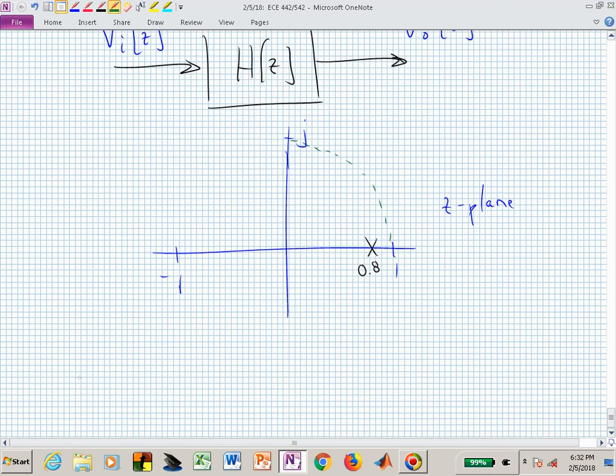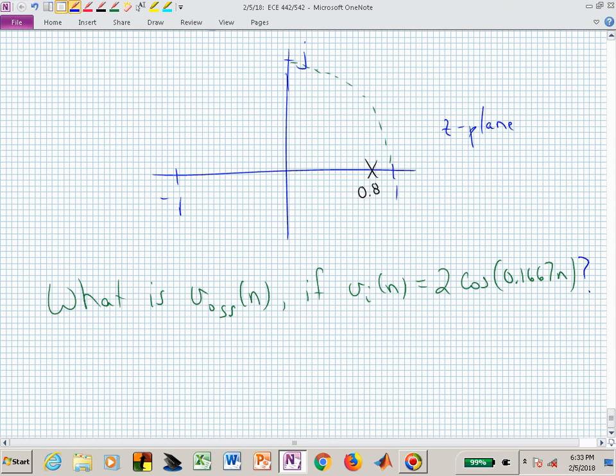What do we want? We're now exciting our system with this input, this cosine, and we want to know what's V naught of S. Do you know where on the unit circle we might be interested in evaluating this pole zero diagram? We're walking along this unit circle.